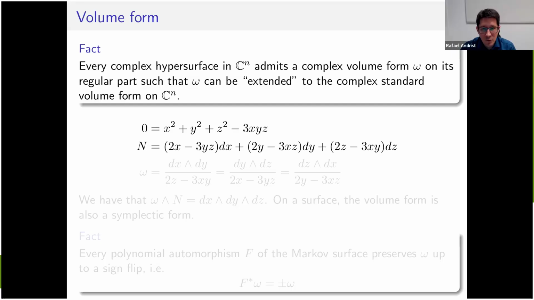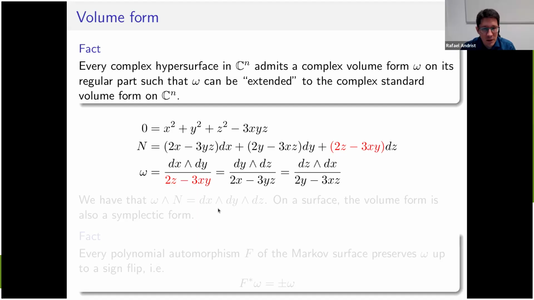This is the one form that defines the tangent space. And then I simply can write down this volume form on the hypersurface. And what I do is, if I have dx wedge dy, then there is one missing coordinate, the dz coordinate, and I just pick the coefficient here from n, write it here in the denominator.